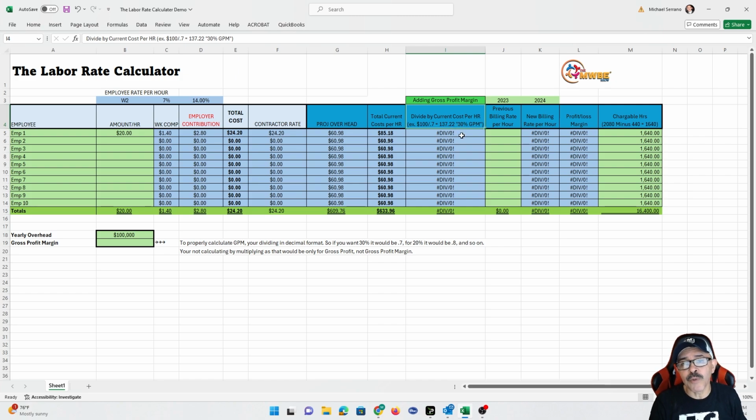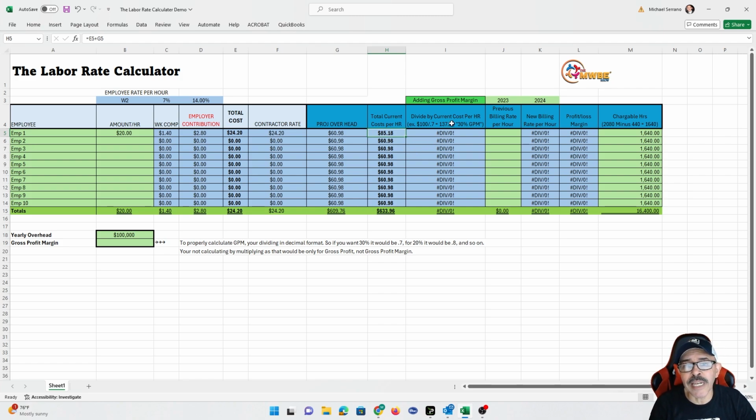But what most people do is multiply that number, which would be, let's say, 85.18, by 30%, or let's say if it's the 30% profit that they want to make, they'll take that number and multiply by 1.3. That's not how you want to do it. What you want to do is actually a little bit different, right?